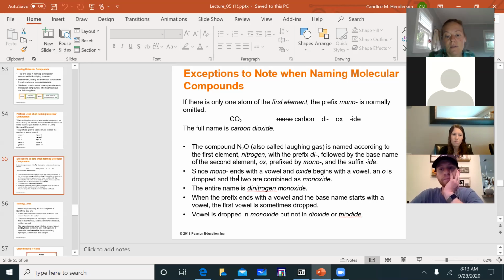There are some cases where the vowel is dropped, and some cases where it isn't. So in monoxide, it's dropped, but in dioxide, we keep the I and the O. Or also triiodide, you keep both of those I's next to each other. Again, I'm not going to be a stickler, and you won't be tested on that, but you do need to know which prefix to use when.